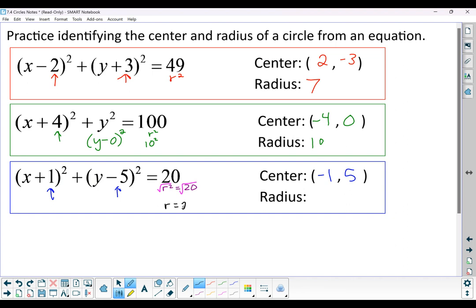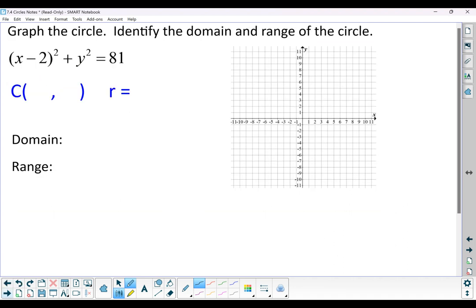In exact radical form, that would be 2 root 5. So we do want to say that that's the radius. If you were graphing this though, you would want to figure out the decimal approximation of that. It's about 4.4, I think. If it's not 4.4, I'm sorry, I don't have a calculator in front of me, but it's somewhere close to that. Okay, we'll graph one in a second that has an irrational radius.